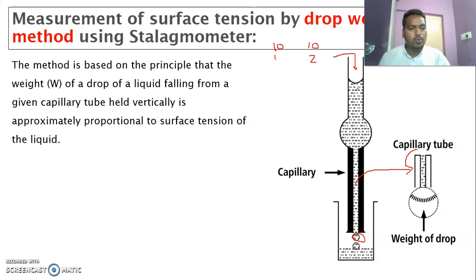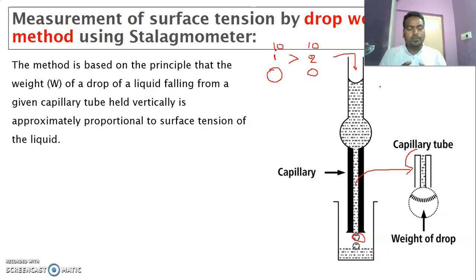If you pass the two liquids through a stalagmometer, you cannot get the same number of drops. Why? For example, if the surface tension of liquid 1 is greater than that of liquid 2, due to more surface tension it forms large liquid drops, and due to low surface tension it forms small liquid drops.